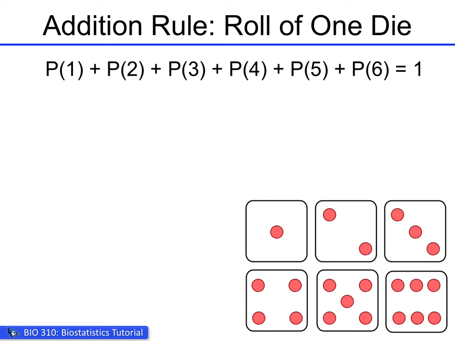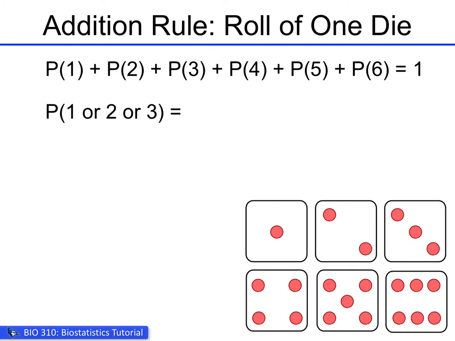So if we are thinking about a single dice, or a single die, it's a 6-sided object, and down in the bottom right-hand corner, I've shown you the only 6 possible outcomes that you could achieve, okay? So if we were to write this more formally, like I've done up here, we have the probability of getting a 1 plus the probability of getting a 2, a 3, a 4, a 5, and a 6. We add up all these probabilities, and they have to sum up to 1.